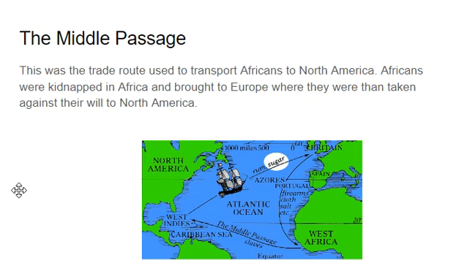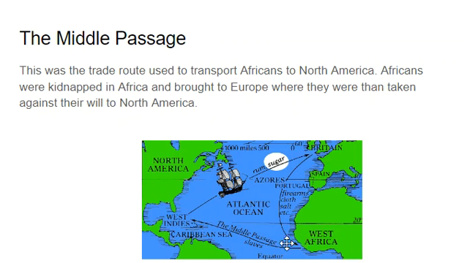And this creates the Middle Passage. The Middle Passage was a trade route used to transport Africans to North America. Africans were kidnapped in Africa and brought to Europe, where they were then taken against their will to North America. So if you look at this map right here, it shows you it starts in Africa. And people in Africa were kidnapped.